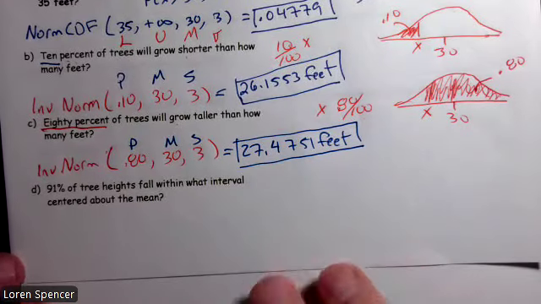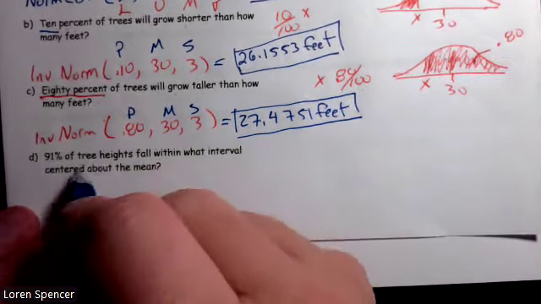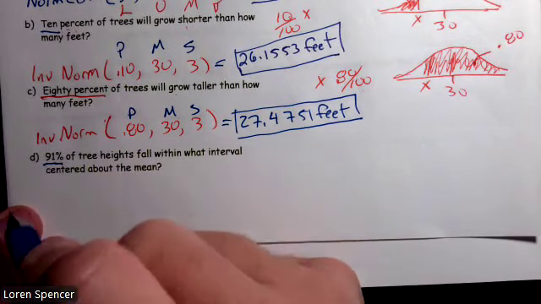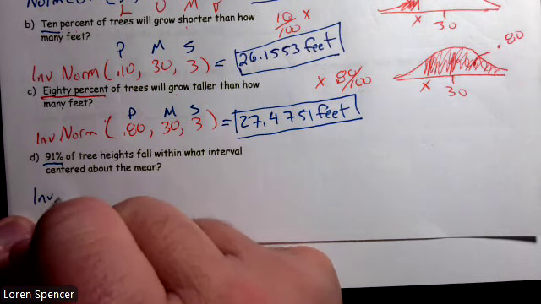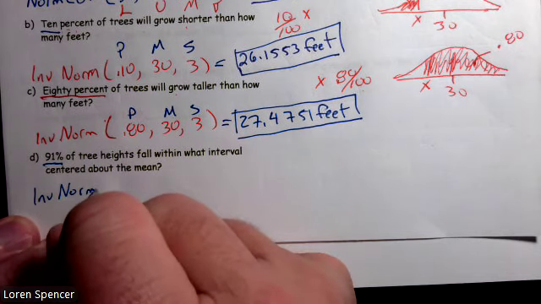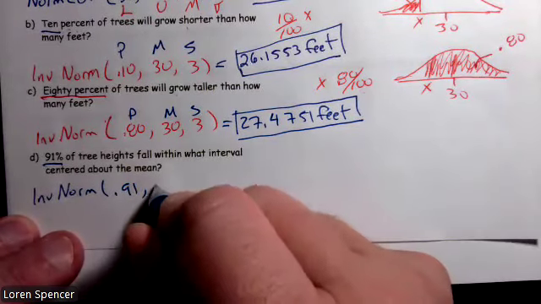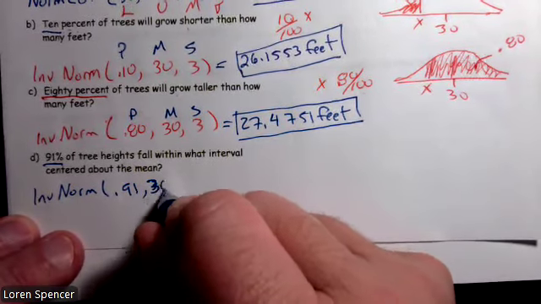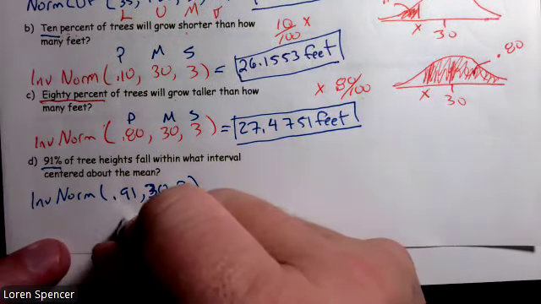All right. 91% of the trees fall within what interval centered about the mean? All right. So they tell me there's a percent. So I know it's going to be an inverse norm. I know this is going to be 0.91. I know my mean is 30 and my standard deviation is 3. There's my PMS.